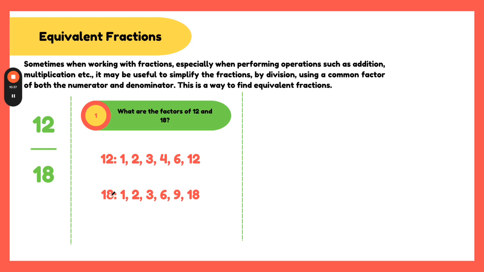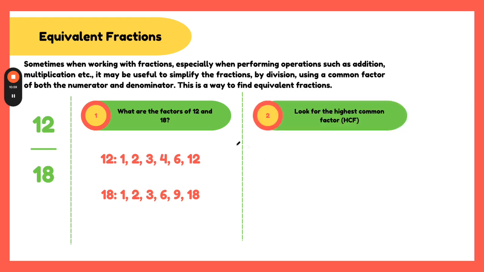And for 18: 1, 2, 3, 6, 9, and 18. All these numbers divide into 18 without any remainders. So these are our factors of 12 and 18.